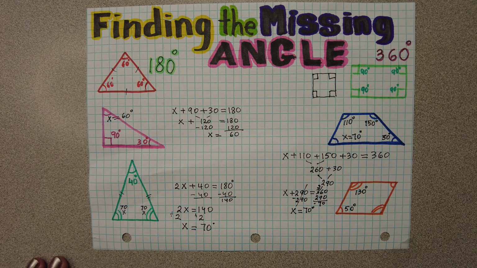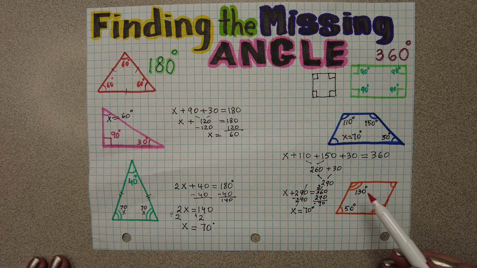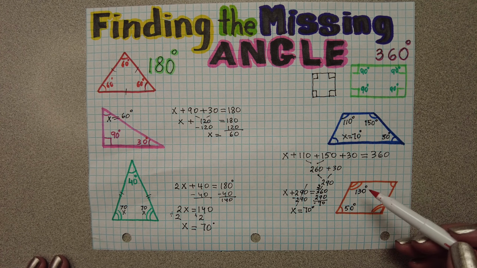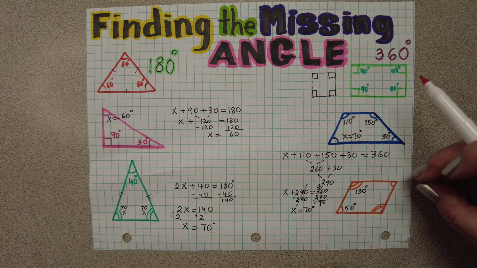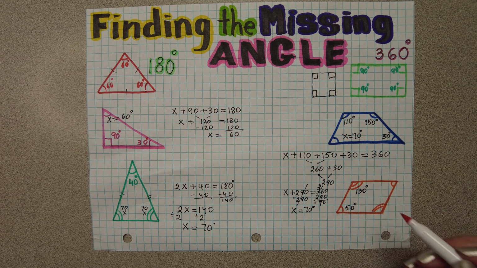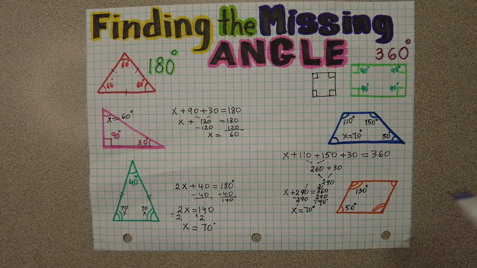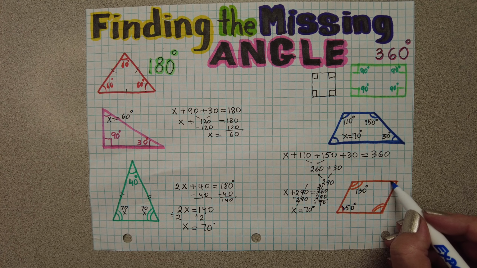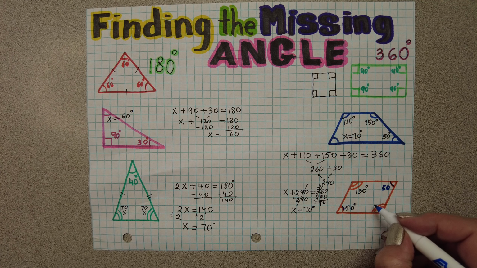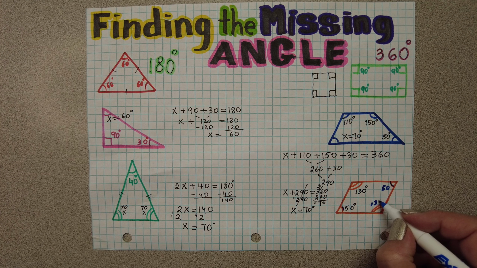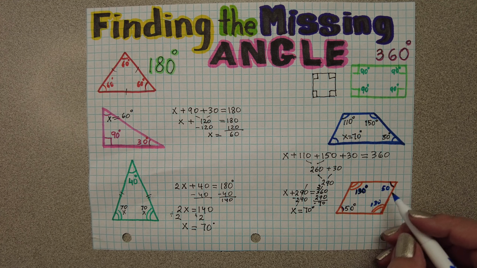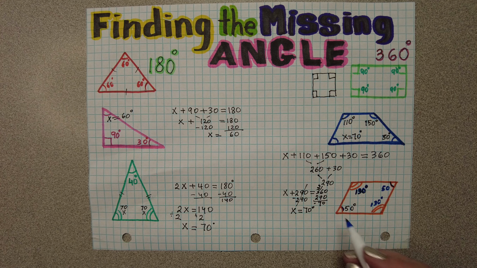The last one is a parallelogram. In a parallelogram, it's also easy to count. A parallelogram is like a rectangle where you pull the corners a little bit. These two angles are equal to each other. These two are equal to each other. So we have 50 here. That means we have 50 here too. We have 130 here and 130 here. This is easy.